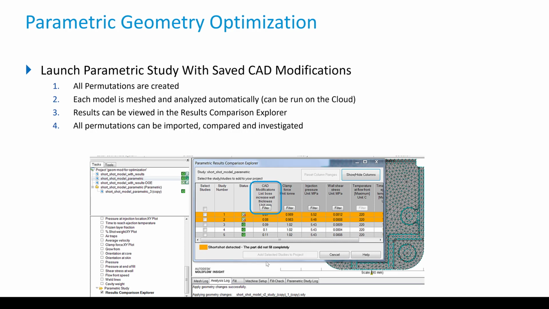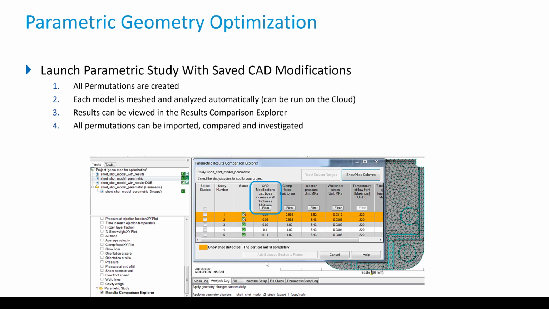Launching the parametric geometry optimization, you can play with all the permutations that you have created. Each model is meshed and analyzed and can be run on the cloud, because if you have multiple combinations, it just creates the multiplications. If the modification for the wall is 2 mm and the modification for the base wall is 3, 4, 5 mm, then the number of features is simply multiplied.